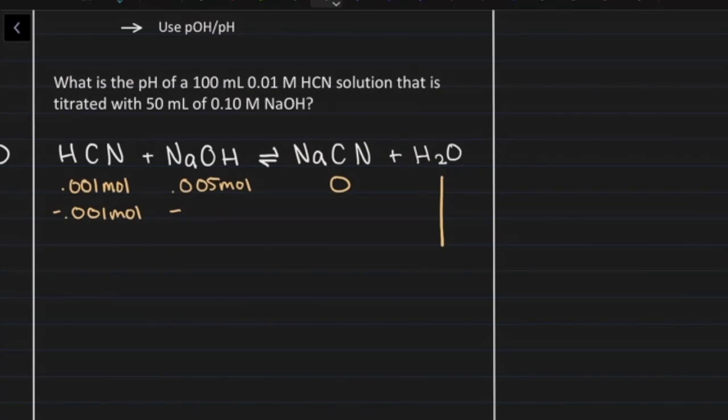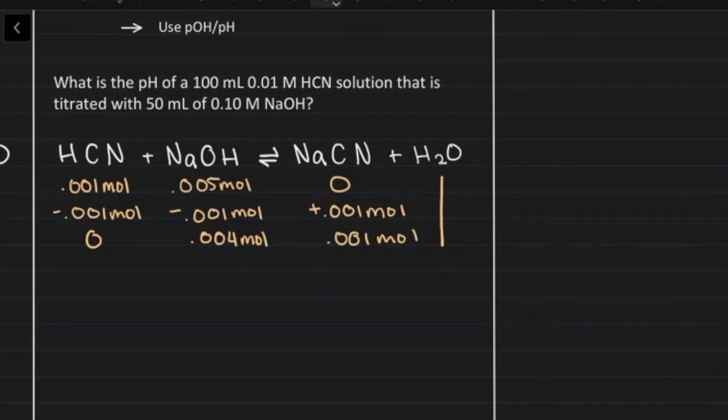So our 0.001 moles, subtract that from both of the reactants, and add that to the products. So when we do that, we'll have none of our HCN left over. We'll have 0.004 moles of our NaOH, and we'll have our CN minus.